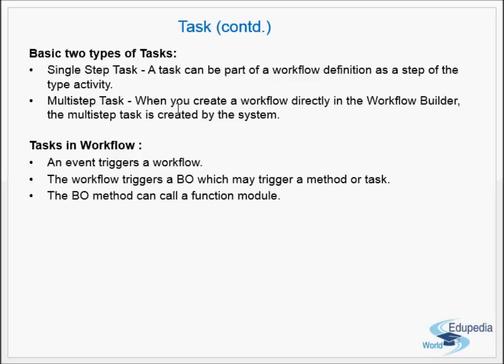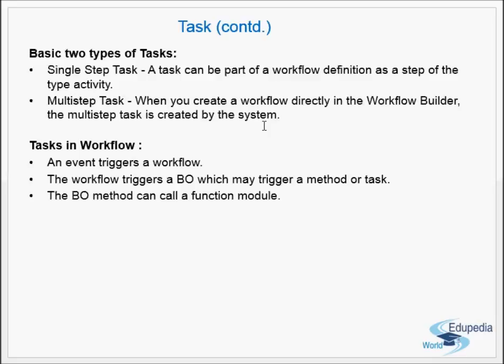So a single step task is part of the workflow definition as a step of a type activity. This task is a result of some activity which is performed. And a multi-step task is when you create a workflow directly in the workflow builder.